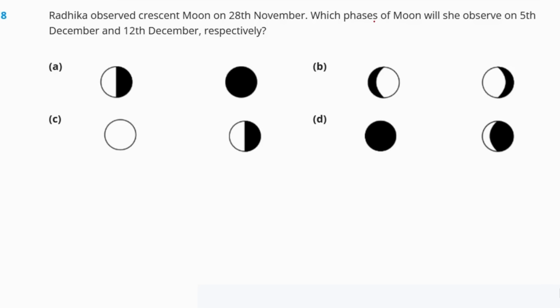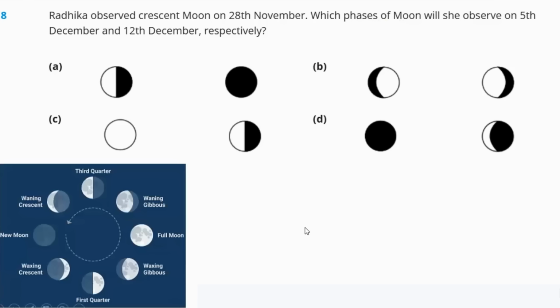Question number 8, Radhika observed a crescent moon on 28 November. Which phases of the moon will she observe on 5th December and 12th December respectively? This picture is very important to make you understand. This is the whole cycle of phases of the moon. We are starting from the new moon to the full moon. I will write 1, 2, 3, 4, 5, 6, 7, 8. Total 8 phases.